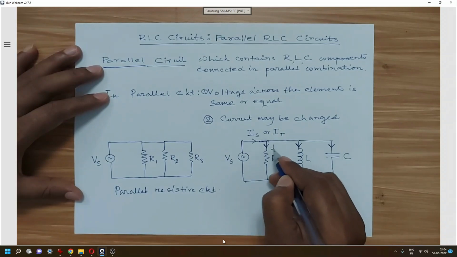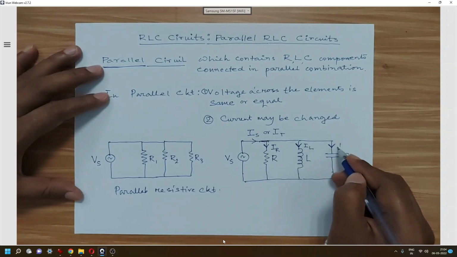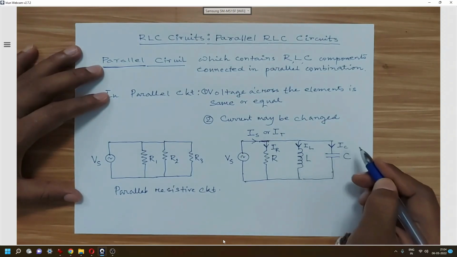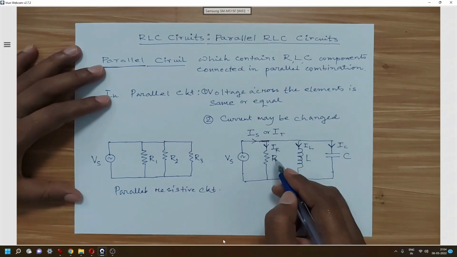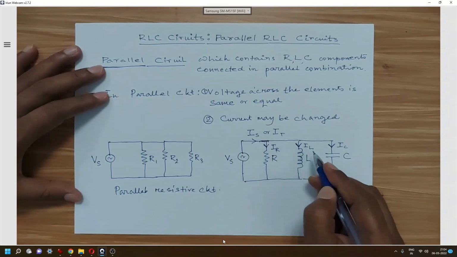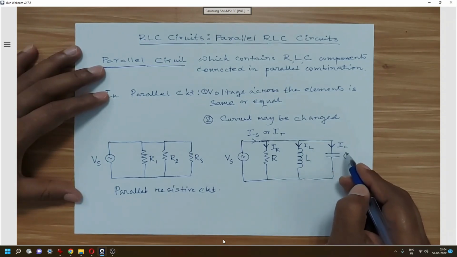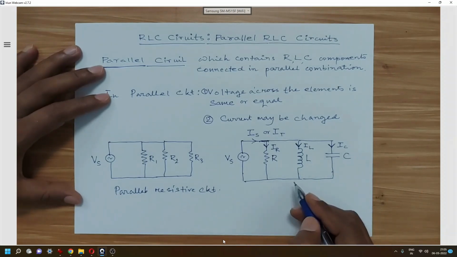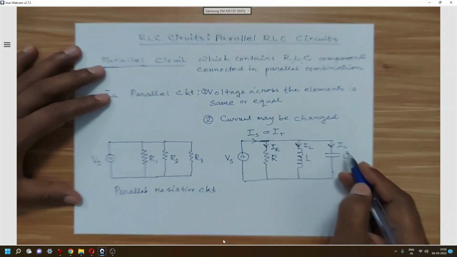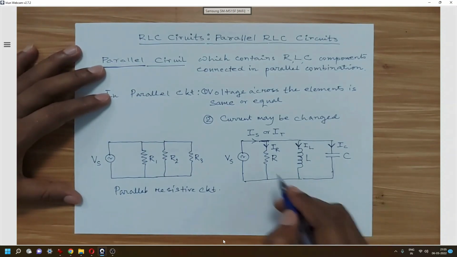So we can name it as IR, IL and IC. That means the current which is passing through the resistor is denoted by IR, the current which is passing through the inductor is IL, and the current which is passing through the capacitor, that is IC. Here we know that these currents may be same or may not, depending on the value of impedance created by each element.